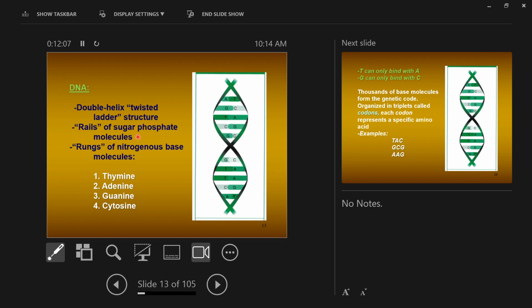Now, if you are interested, the rails are made of sugar phosphate molecules. The rungs are built on nitrogen. They're nitrogenous bases. You may have heard me say, and I usually do it in the CPR when I tell you what the air is made of, I say the air is like 78% nitrogen, 21% oxygen, a little bit argon, a little bit CO2, a little bit other things. But I say, we use oxygen for respiration.